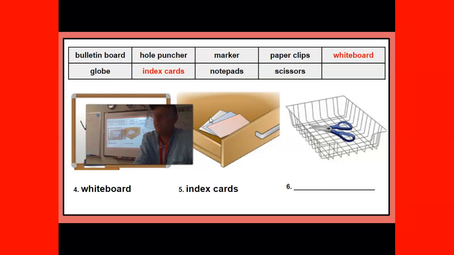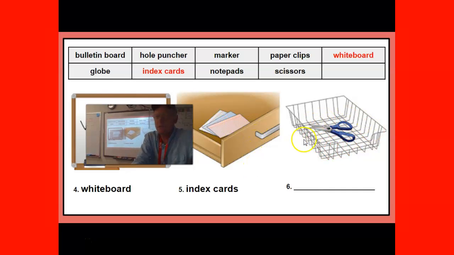So these are called index cards. I wish I had an actual index card to show you, but they're 3 inches, so about this wide, and about 5 inches long, okay? And we call those 3x5 index cards or 3x5 cards.